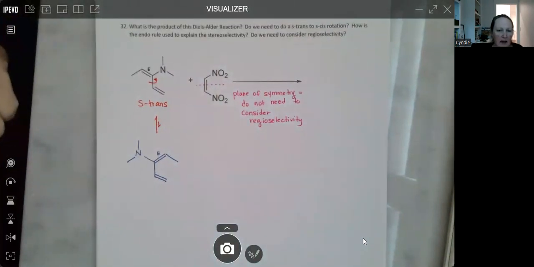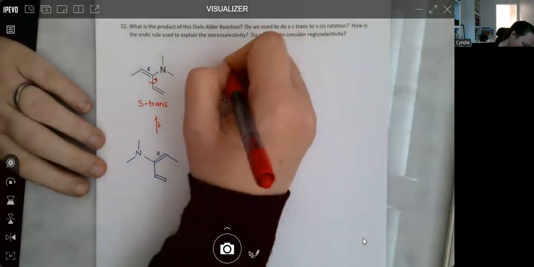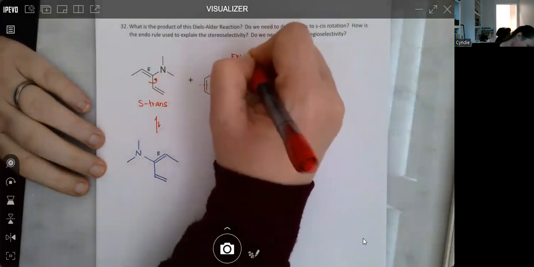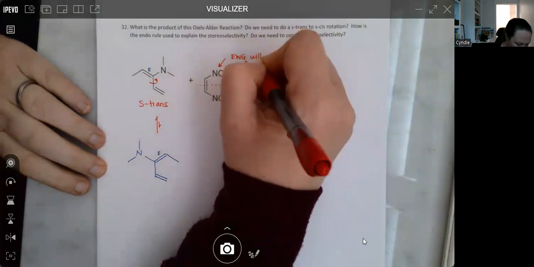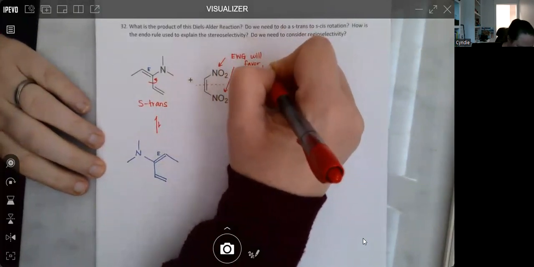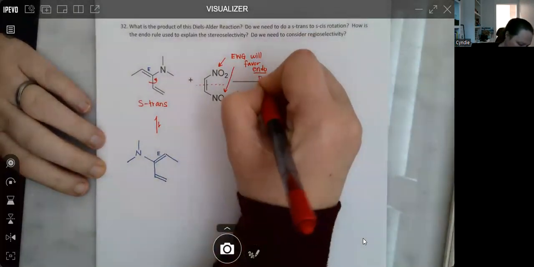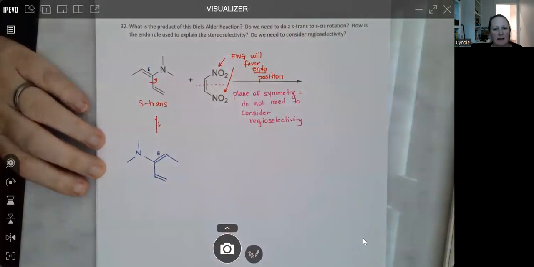Okay, but these two electron withdrawing groups will favor the endo position, again due to favorable secondary orbital overlap, like we talked about in the last question.